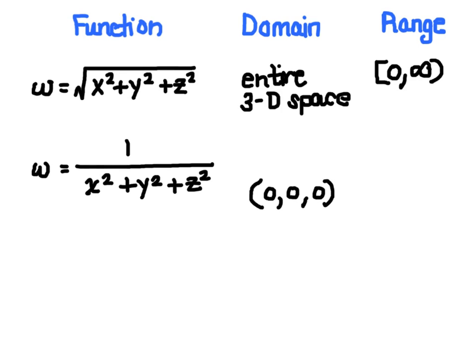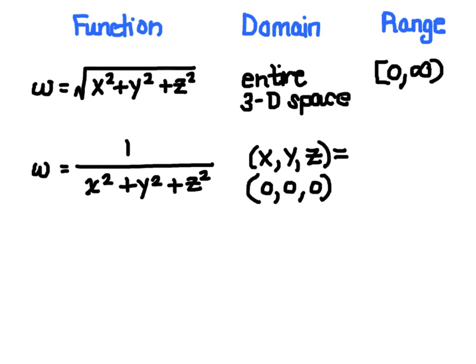So to write this properly, we would say that the point x, y, z in three-dimensional space will not equal the point 0, 0, 0. And the range will include all values from 0, but not including 0, to positive infinity. And that is because w will never have a value of 0.